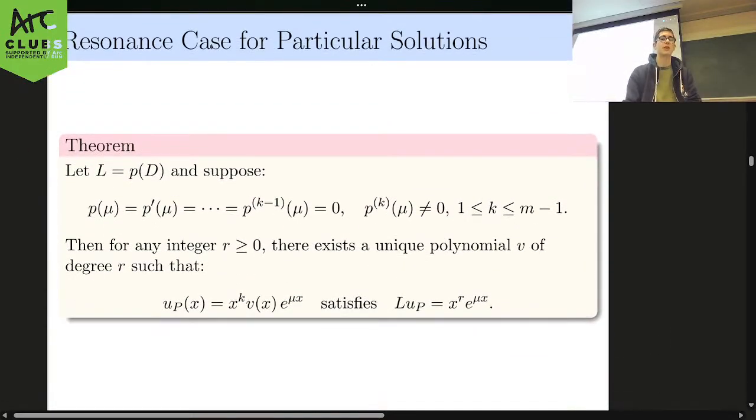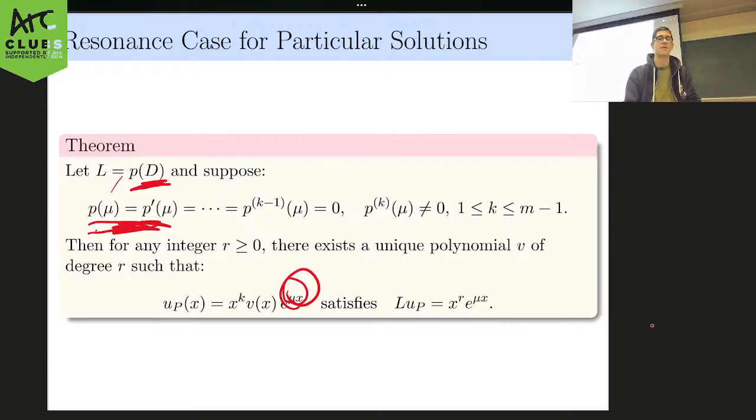Okay, so this is the more general case we spoke about on the slide before. So now we're saying that if mu is not a root of the characteristic polynomial, mu is going to be here in our differential equation.